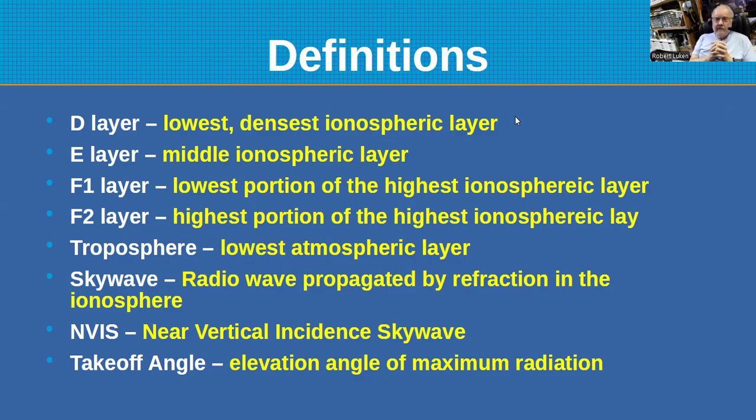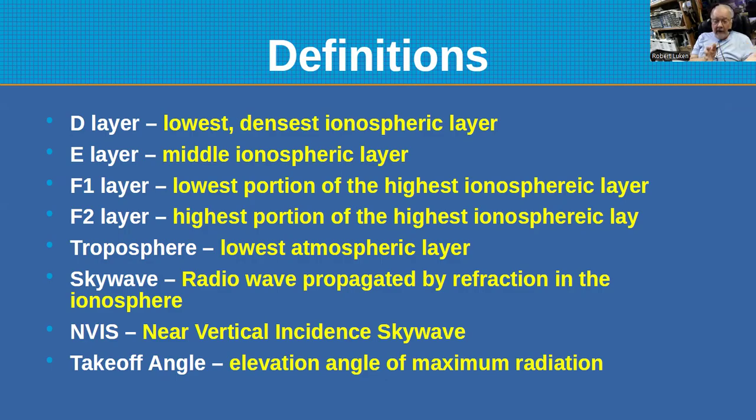Starts around 60 kilometers. It's the densest atmospheric-wise, but it has the least amount of solar activity hitting it, like X-rays and ultraviolet, because those get filtered out and absorbed as they come through the higher layers.